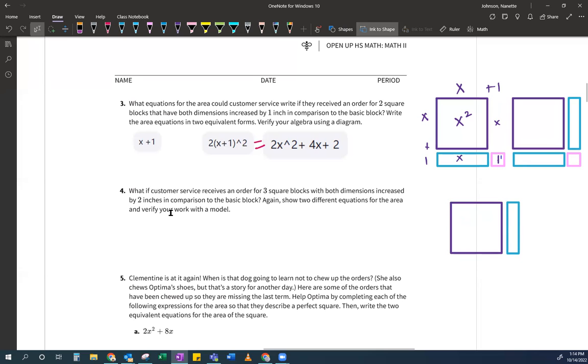So actually, because we're increasing it by 2, we need 2 of these. Oops, I didn't mean to steal it. I should have left this guy alone. I'm so sorry. So I think I said it wrong earlier and I said 3 is right, but it's actually 2. So you want me to put another one of these there, Ms. Johnson? Yeah, I want 2 of them on each side. I want 2 of these and I want 2 of these.